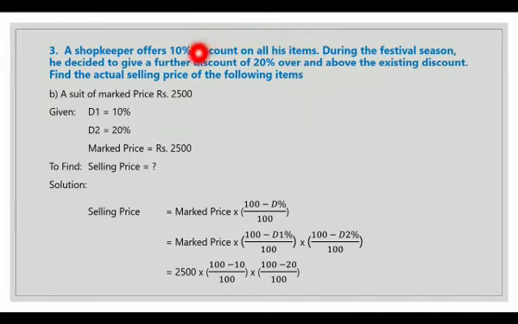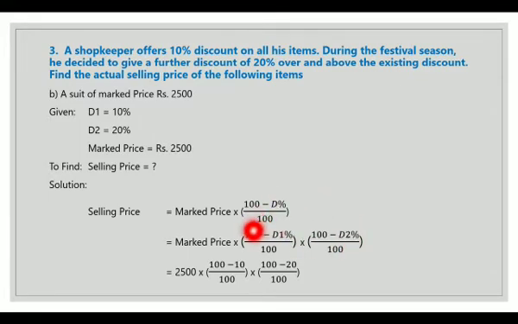Now in the same shop he buys a suit of marked price rupees 2500. So given D1 equals 10%, D2 equals 20%, mark price on a suit is rupees 2500. We need to find out the selling price. Solution: selling price equals mark price into 100 minus D1% upon 100 into 100 minus D2% upon 100.